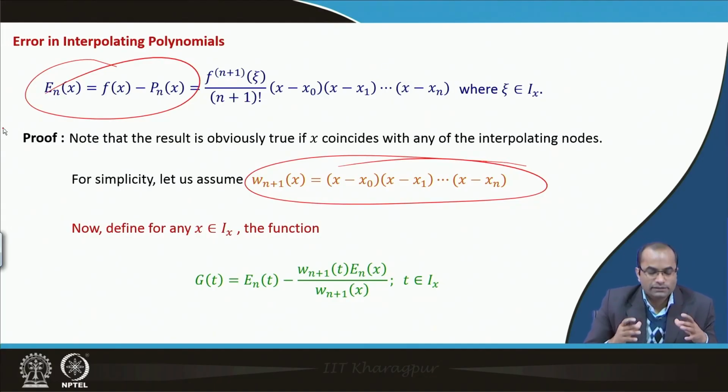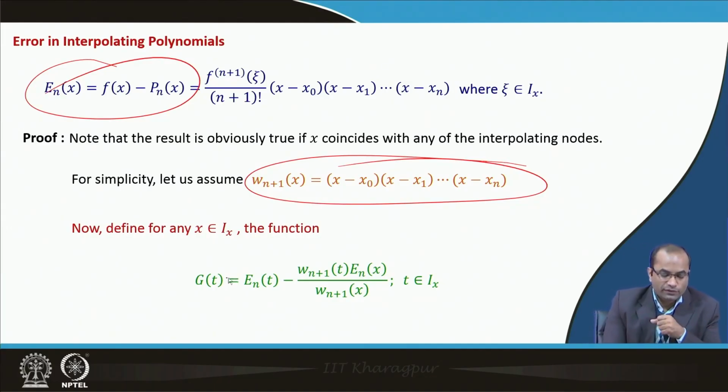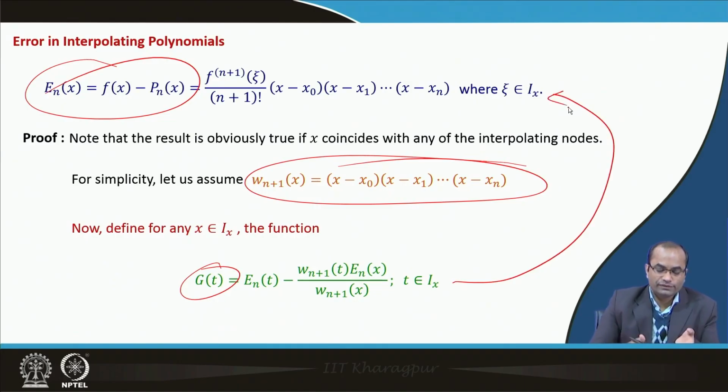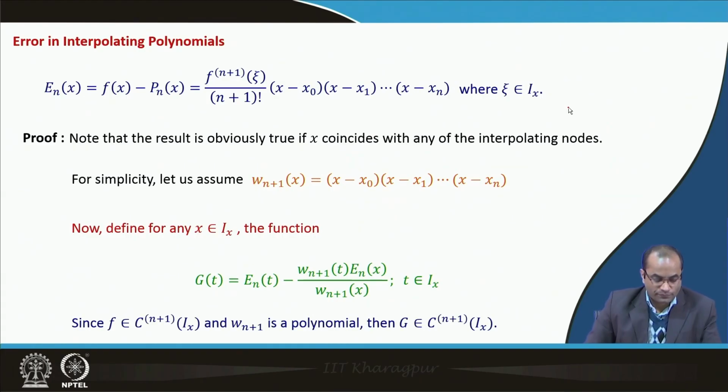So, in terms of E n and w n, we have defined a function g t, and now we will discuss the properties of this g t and how, with the help of this function, we can get the error formula.